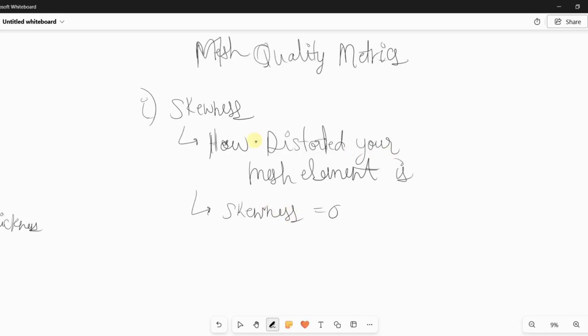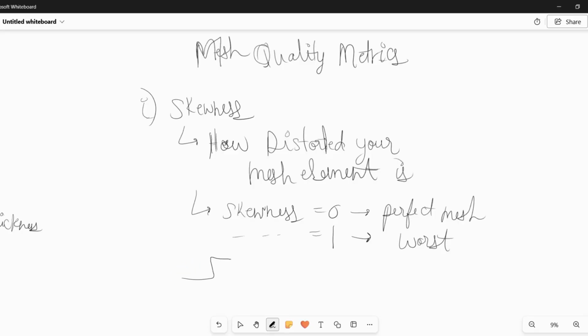Again, what is the question I asked? How distorted is my mesh element? If skewness is 0, it means it's least distorted. So this is a perfect mesh, and if skewness is equal to 1, it means it's the worst mesh. Of course, you shouldn't go for a mesh with skewness equal to 1 because it means it's highly distorted.